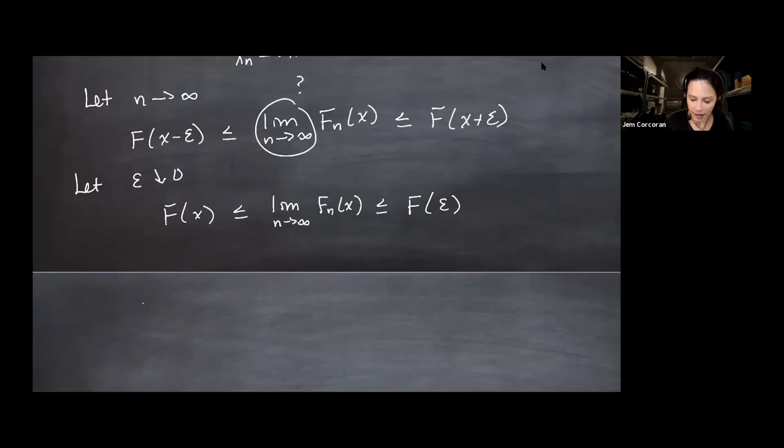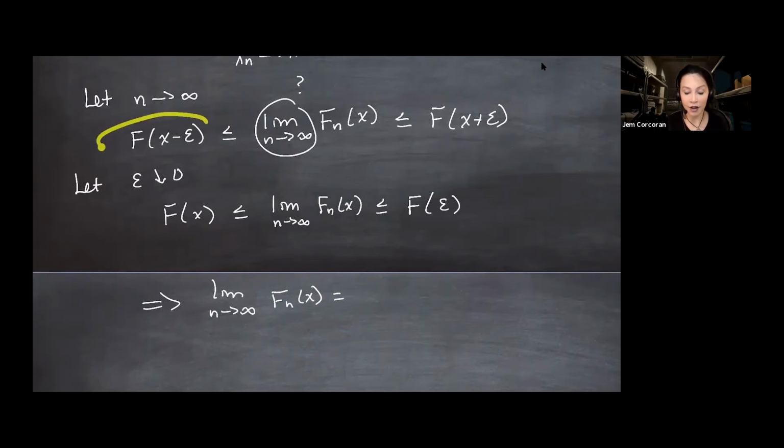And this means that the limit as n goes to infinity of f_n(x) is, oh, here's where, by the way, I just used the fact that x was a point of continuity of F. Because letting epsilon go down to 0, this shouldn't go to F(x) unless it was continuous at x. So that's kind of important.